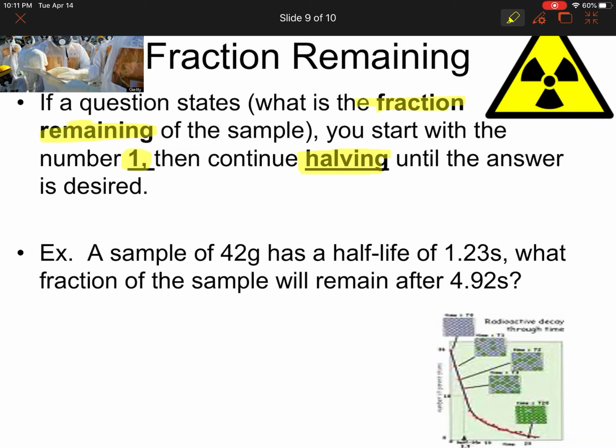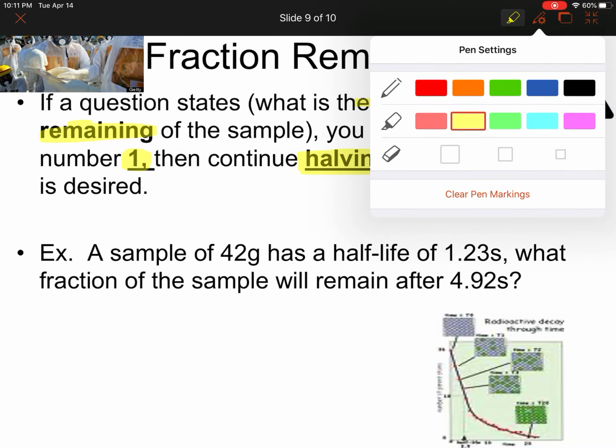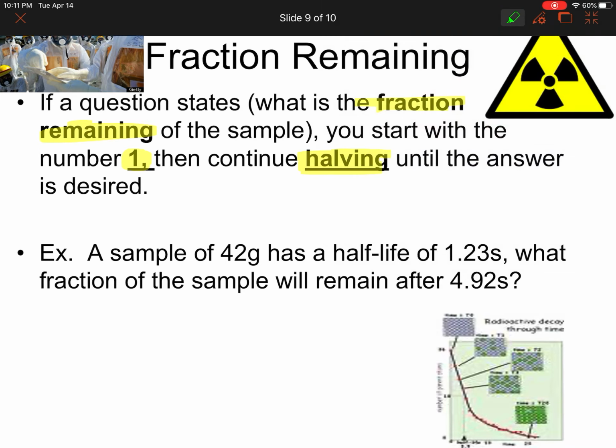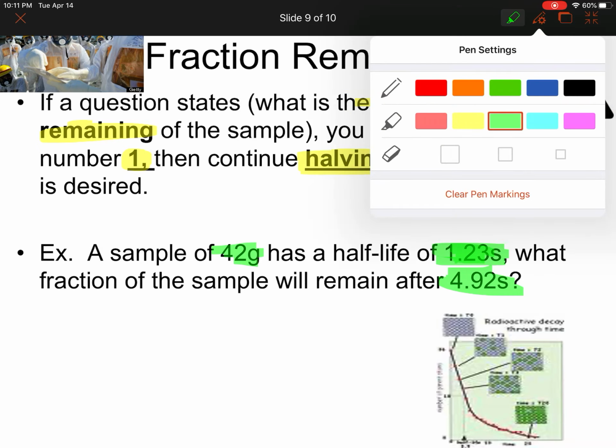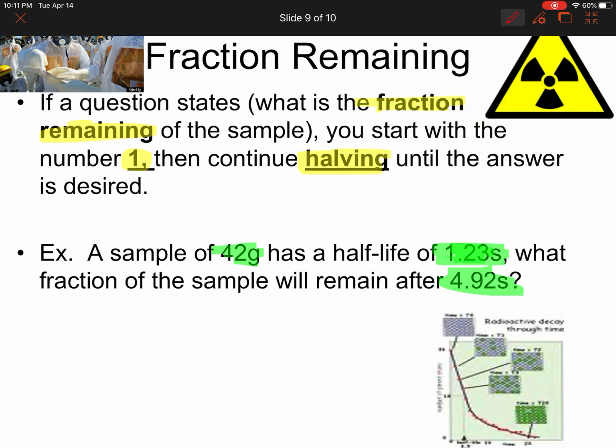So let's look at the question below. A 42-gram sample has a half-life of 1.23 seconds. What fraction of the sample remains after 4.92 seconds? Well, what did they give us here, guys? 2 units of mass and 2 units of time. That's right, 2 units of time. 4.92 seconds, 1.23 seconds.